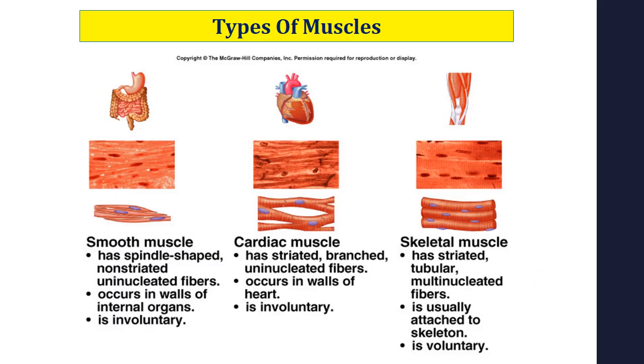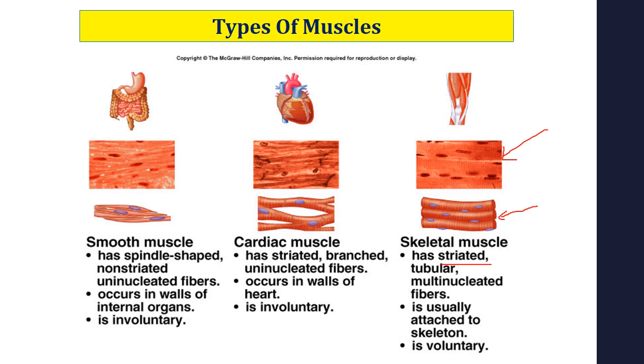So this particular slide shows you the different characteristics or features of the different types of muscle. When we look at the skeletal muscle, you can see that it has a striated, stripy appearance, and it has fibers that are arranged in a tubular manner.